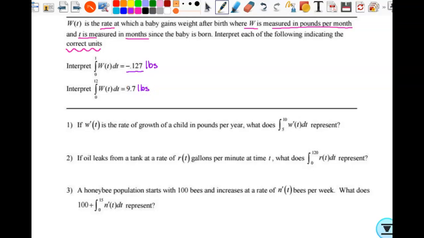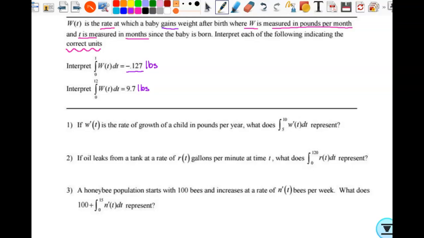So 0 to 1, what does that represent? Over a month, yeah. So the 0 and the 1 is just the 1 month, right? So this is the amount of weight, because it says the baby gains after birth. So this is the amount of weight we gain after 1 month. And since it's negative, do we really lose it?